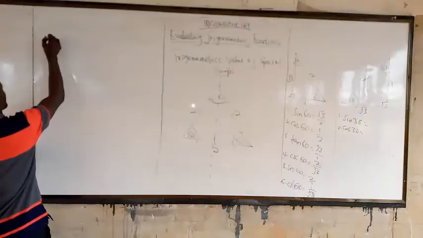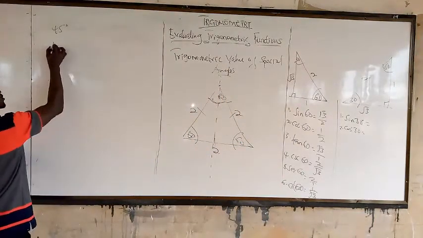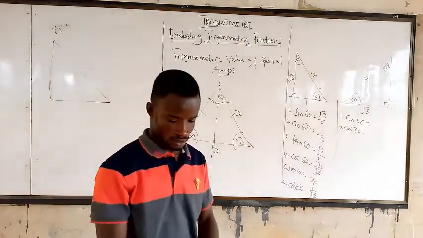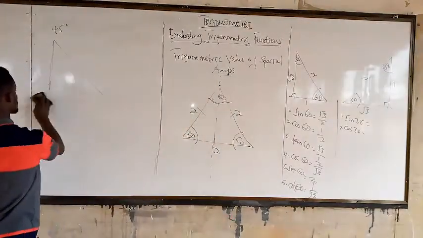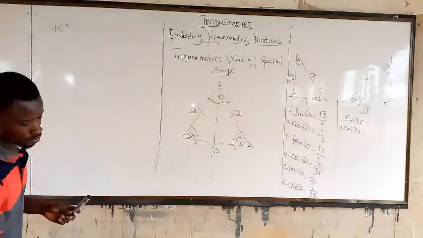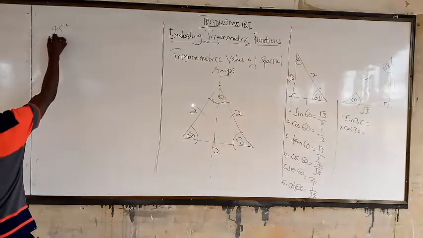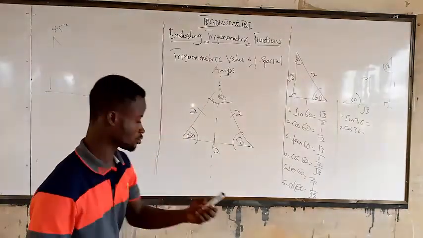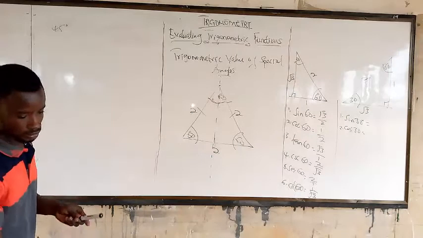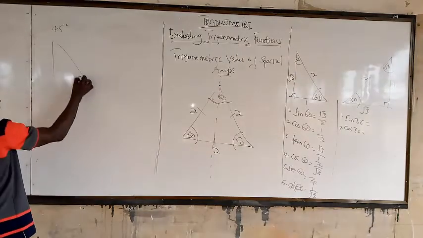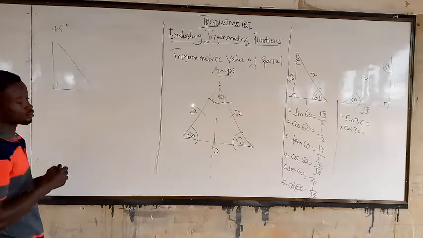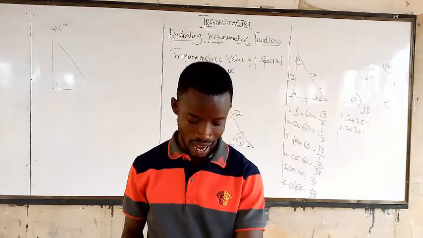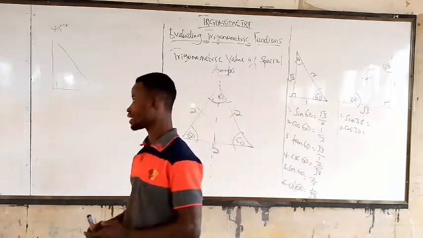So let's see. For 45 degrees, we know that interior angles sum up to what? 180.